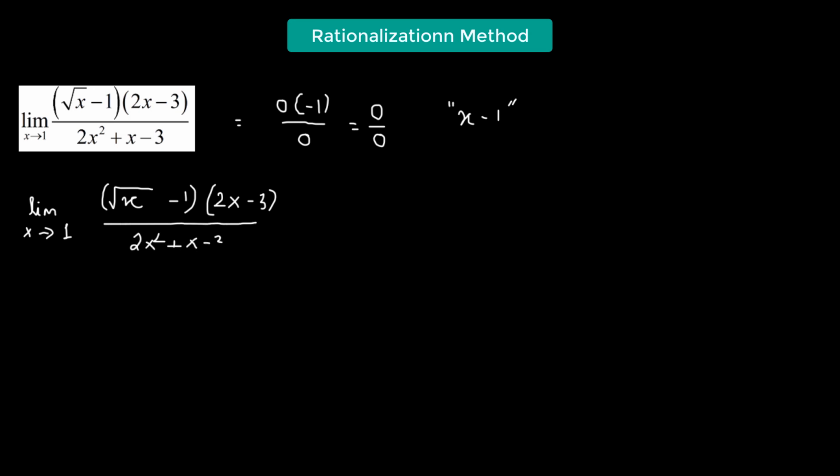2x squared plus x minus 3. So we'll multiply square root of x plus 1 to both the numerator and the denominator.